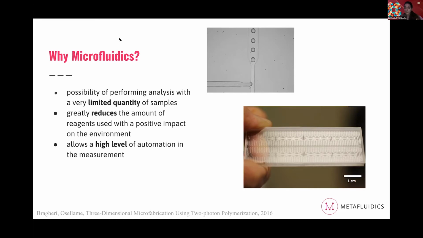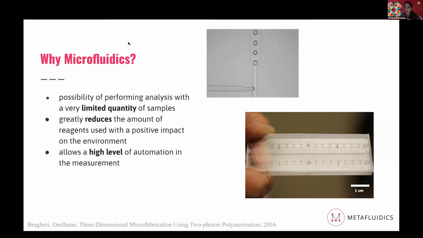It's cheaper for the lab, and you're able to perform a lot more experiments with just a little material. It also allows a high level of automation and measurement, so there's less chance of making small errors, and it's more precise. Next slide.